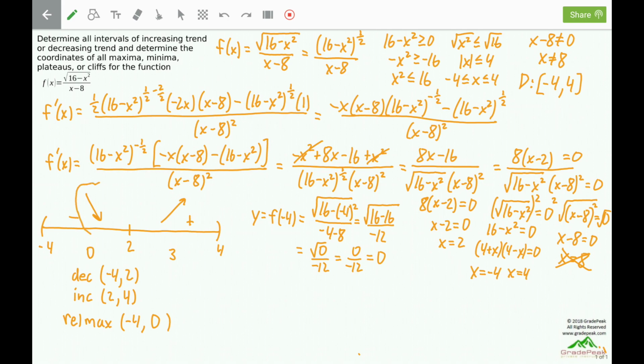Right at the critical number of +2, we have a trend change from decreasing to increasing. That'll make the 2 be a relative minimum. So we have a relative min occurring in an x-coordinate of 2. It'll have some corresponding y-coordinate that can be found by plugging the 2 into the original function.